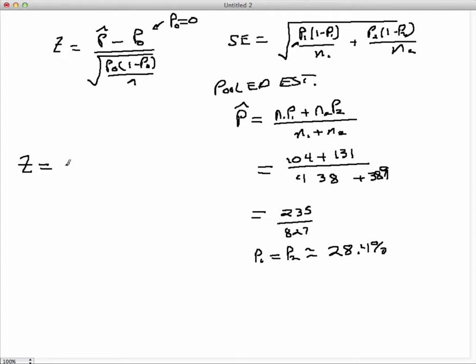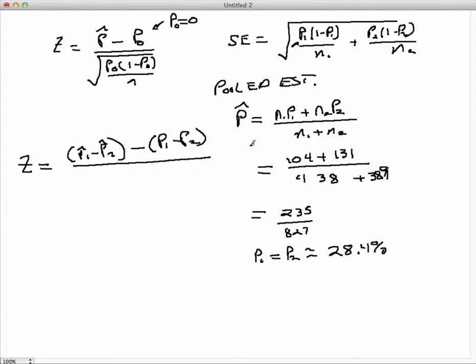So our z-score here, what's that going to be? Well, we're going to take p hat 1 and subtract from that p hat 2. Those are our two estimators. We did those in the earlier problem. And we're going to subtract from that p1 minus p2, which is going to end up being 0.